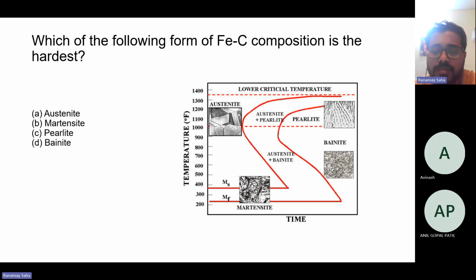Now, once austenite is formed, by the way, do you know what this S curve stands for and how it is formed? The S curve shows the different kinds of alloys being formed through temperature and time.